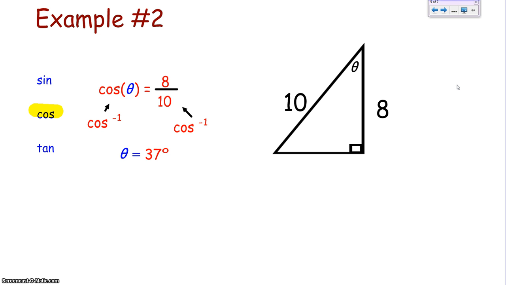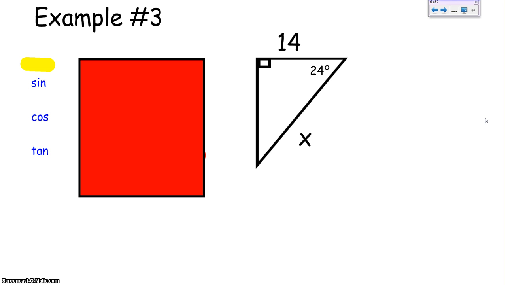So we looked at one that was a missing side, where I used sine. I'm looking at one that's a missing angle, where I used cosine. If you feel like you understand how I set up these two, when I go to the next problem, try to pause it before I go over how to do it. I will wait a few seconds as well. So take a second and see if you can set this one up and choose the right ratio.